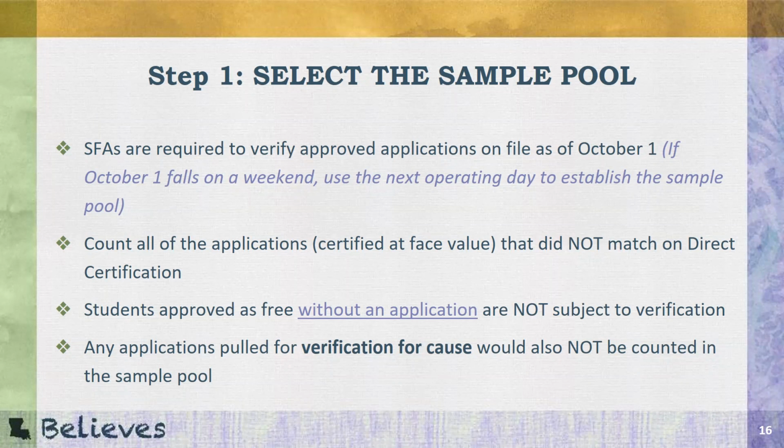In addition, the sample pool does not include applications where all children in the household are determined eligible based on documentation provided by the state or local agency responsible for the administration of SNAP, FDPIR, TANF, or Medicaid, or applications where all children in the household are determined to be foster, homeless, migrant, or runaway children.